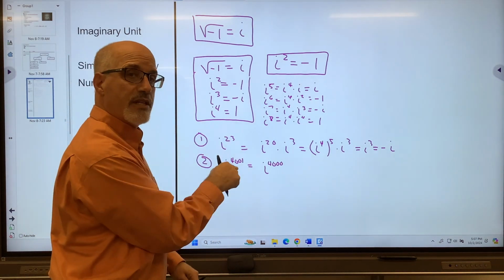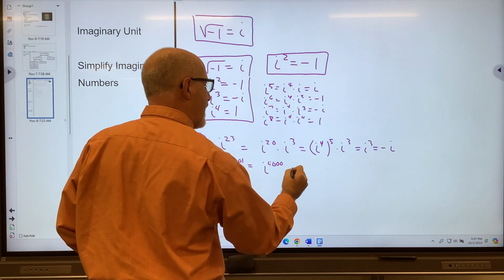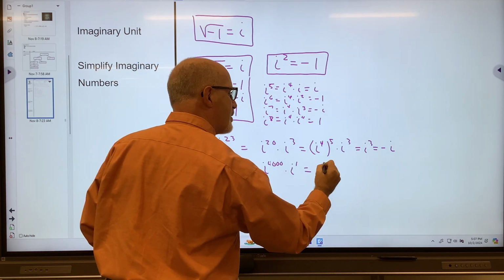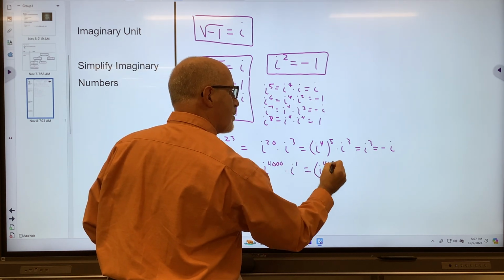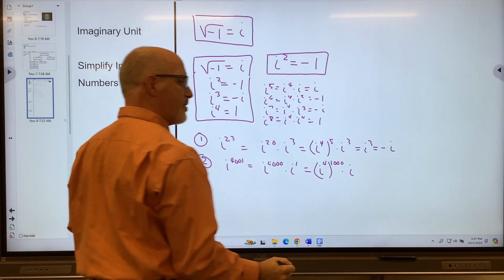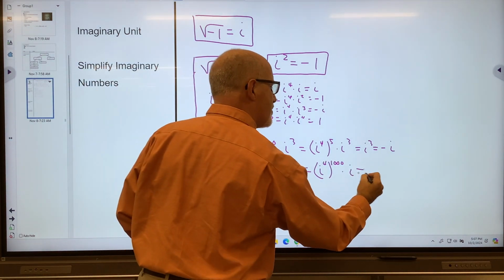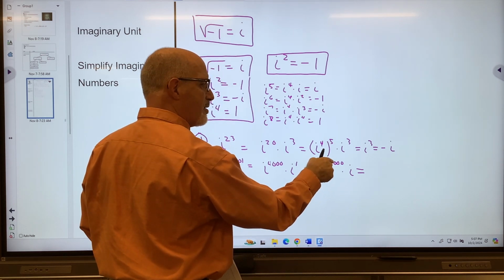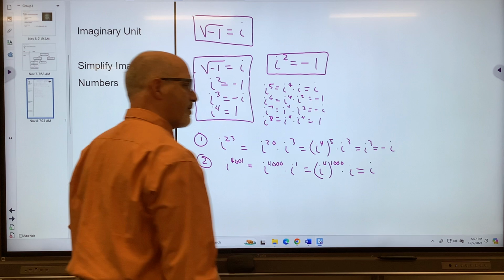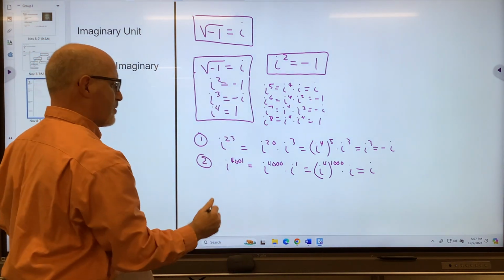Because 4 goes into it, times i to the first. i to the 4000 is the same as i to the fourth to the 1000 power, times i to the first. And now this is just 1 to the 1000th power, which is just 1, so it equals i as an answer, which is one of these answers.